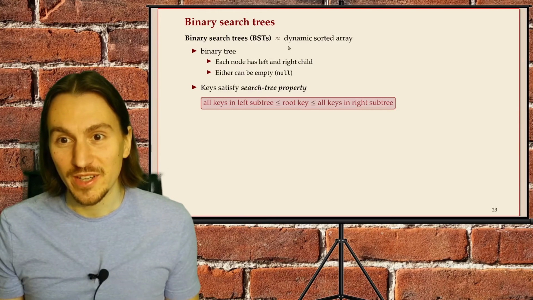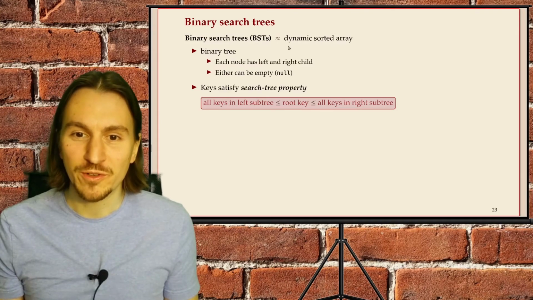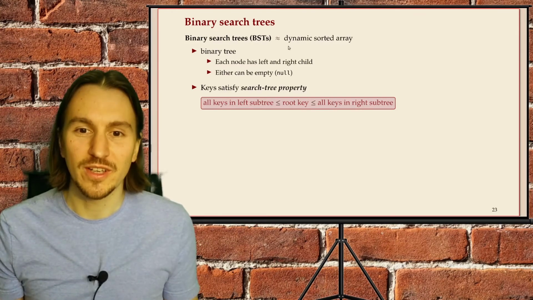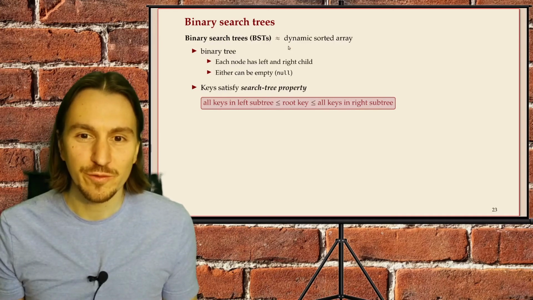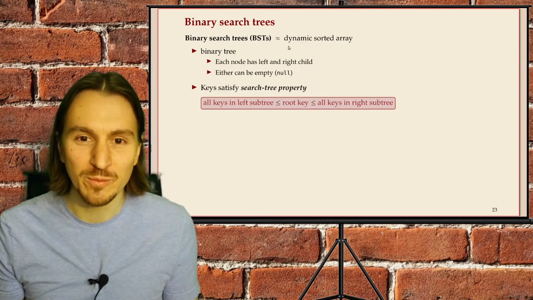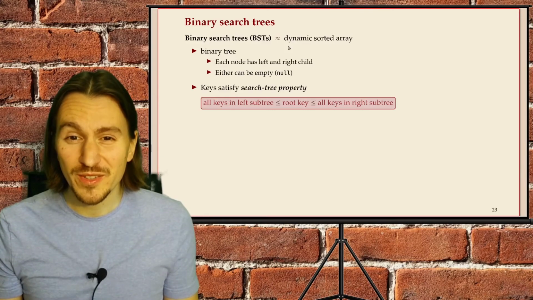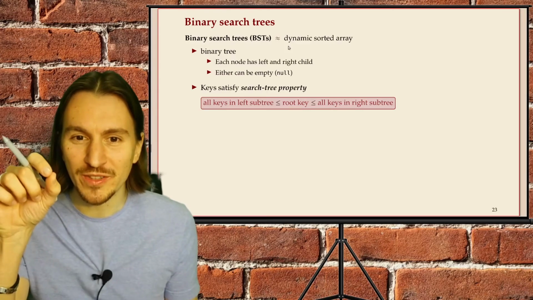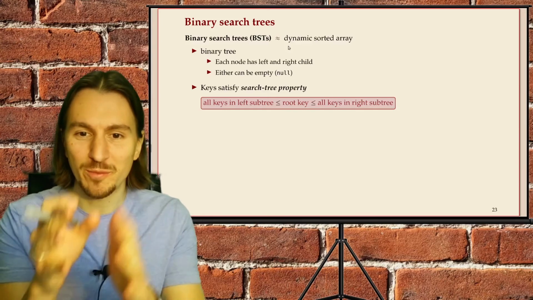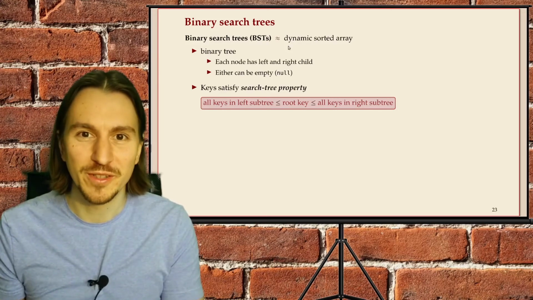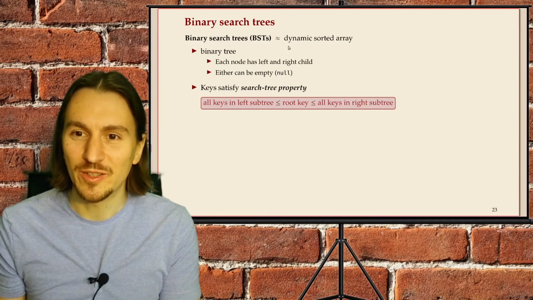On the other side, a sorted array was great for searching in the static case. When the dictionary is fixed, it was great to find elements efficiently. We could use binary search. But if you wanted to insert an element at some point, well, it's an array, so you have to copy everything over and move the element in. And that's again slow.